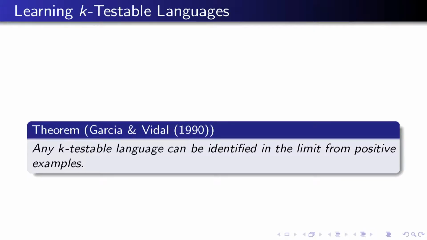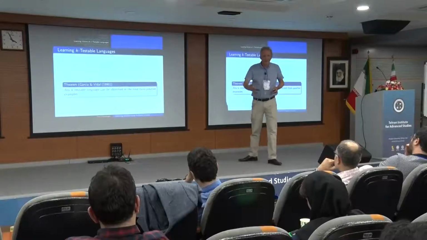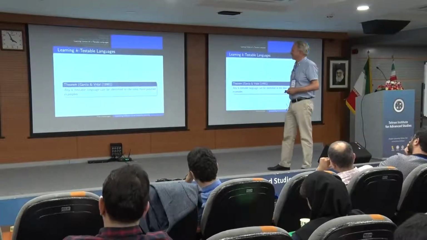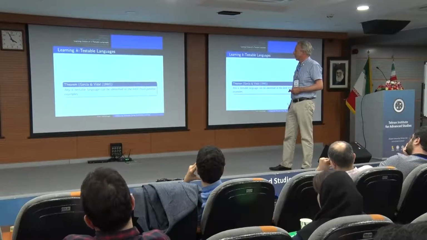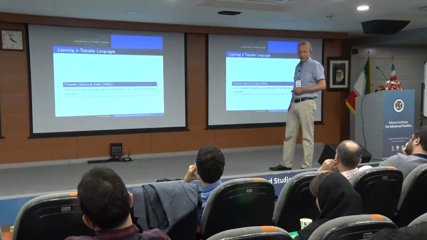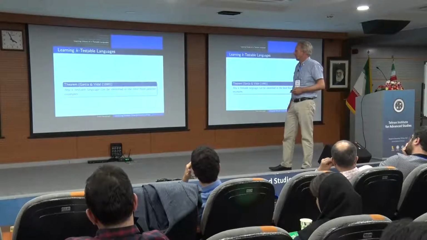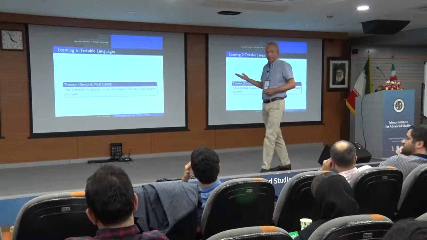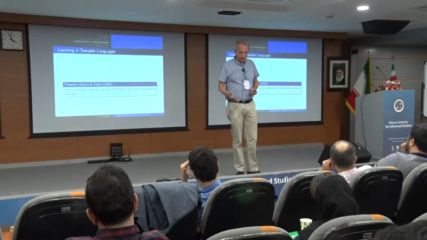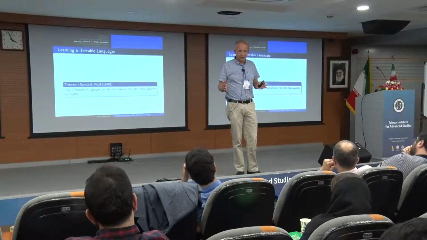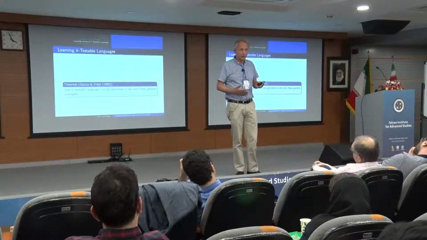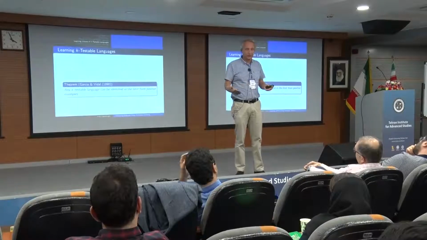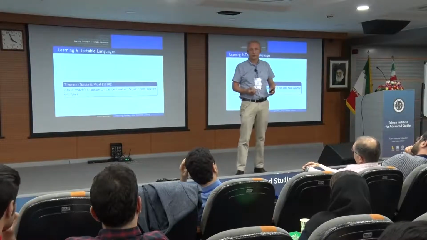Okay, so using all these lemmas, Garcia and Vidal proved in 1990 that any k-testable language can be identified in the limit from positive examples. And the intuition for this is very simple, because basically window languages are defined by the segments you can observe: the initial segments, the final segments, the segments in between and the short sequences.